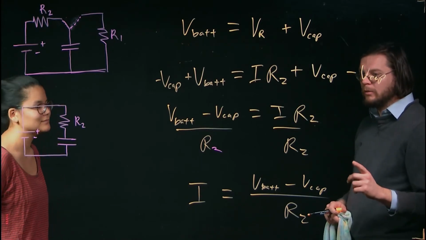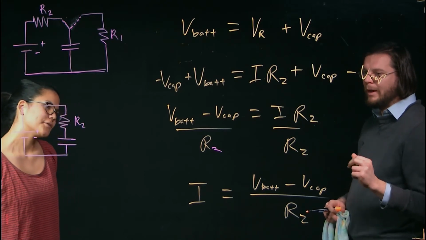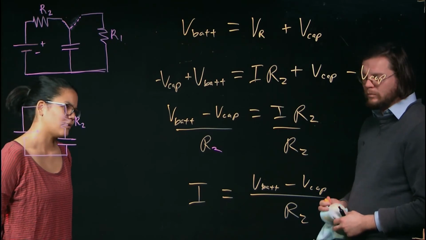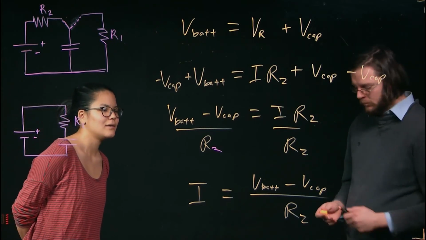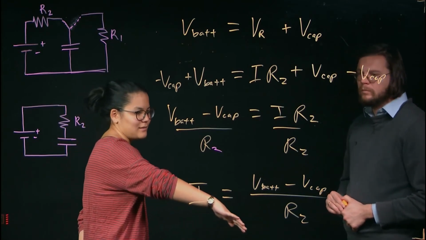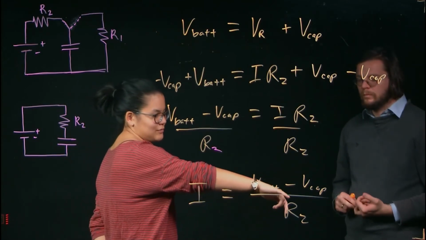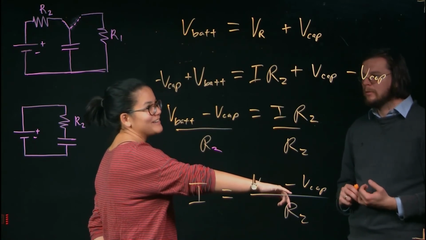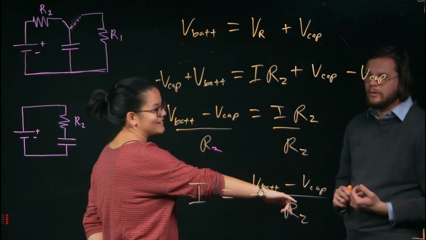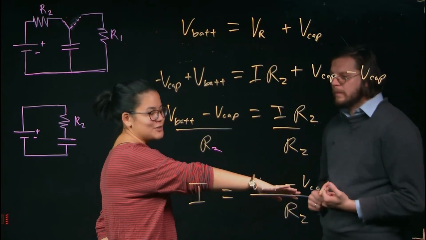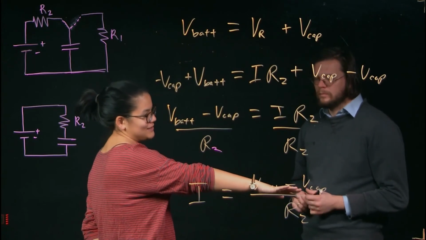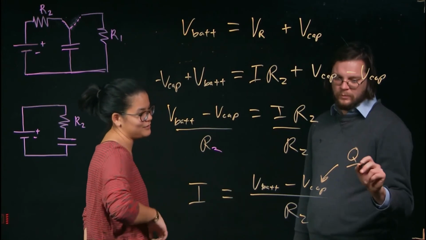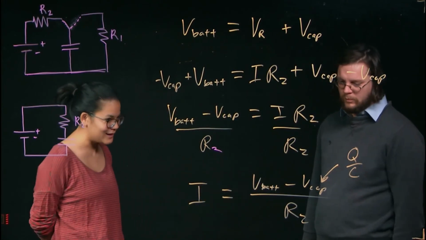Another quick question here. What happens after a long time? What's happening to the capacitor as the current flows through the circuit? The charge stored on the capacitor increases until the V cap will equal the V battery.